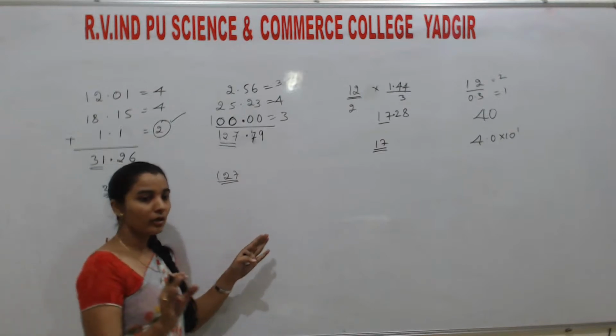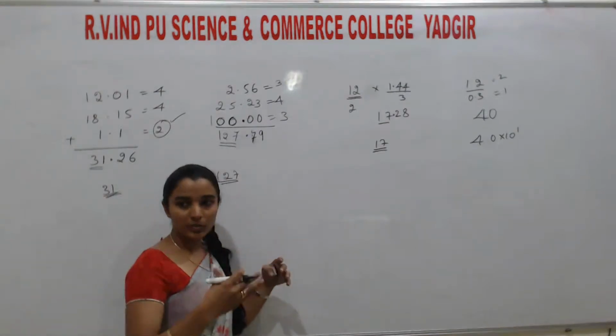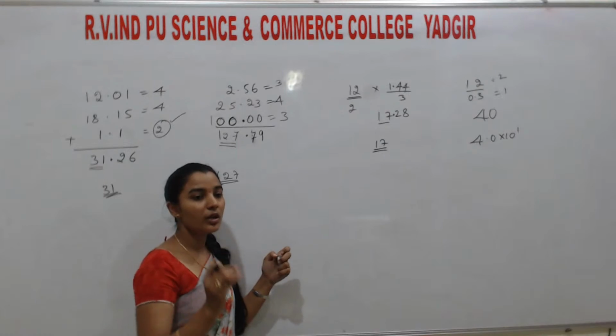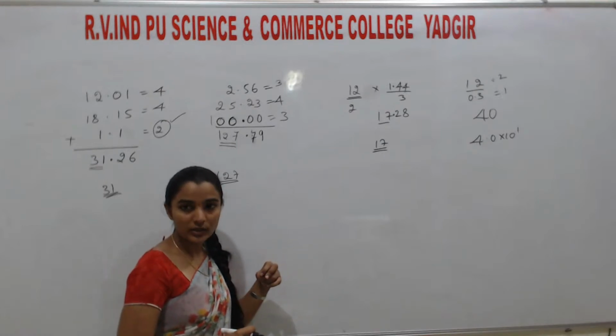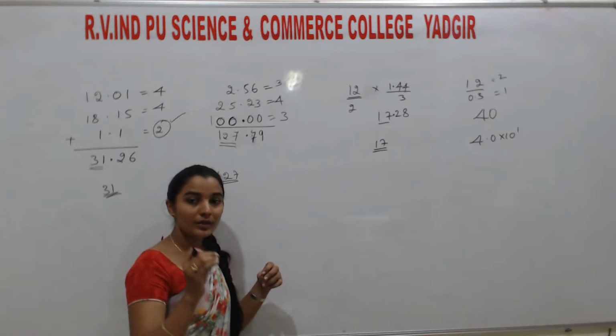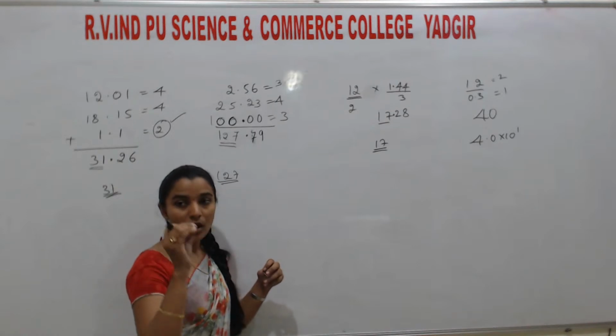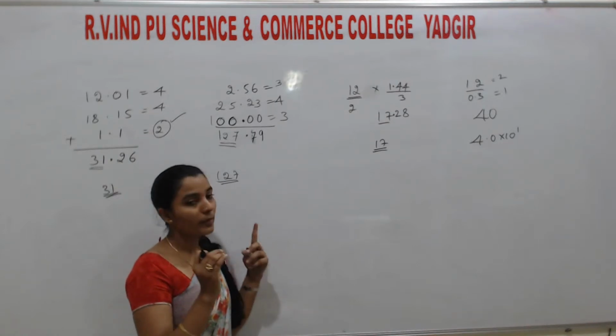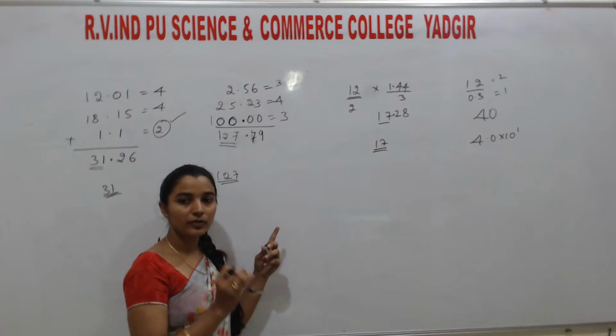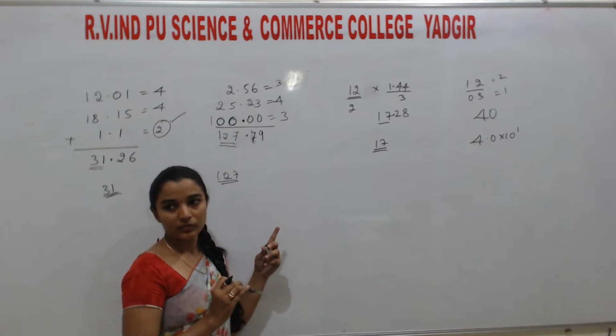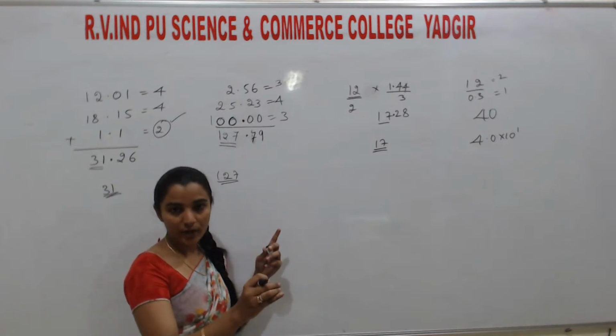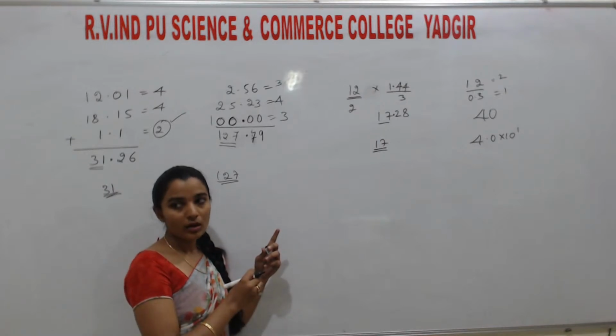The thing you remember: in addition, subtraction, multiplication and division, count the number of significant figures in the given digits. Whichever has the fewer significant figures, that many significant figures must be present in the answer. The least significant figure value corresponds to the answer. Understood?